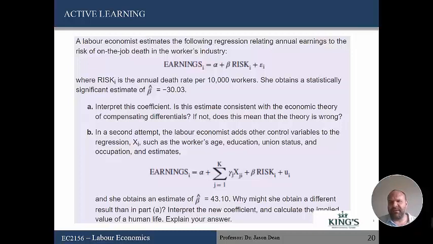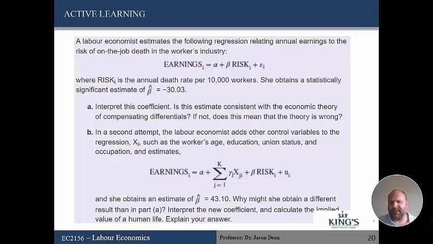The theory states that we want to hold other important determinants constant. In this regression, we haven't controlled for everything, so it's not that surprising that the estimate doesn't make any sense.